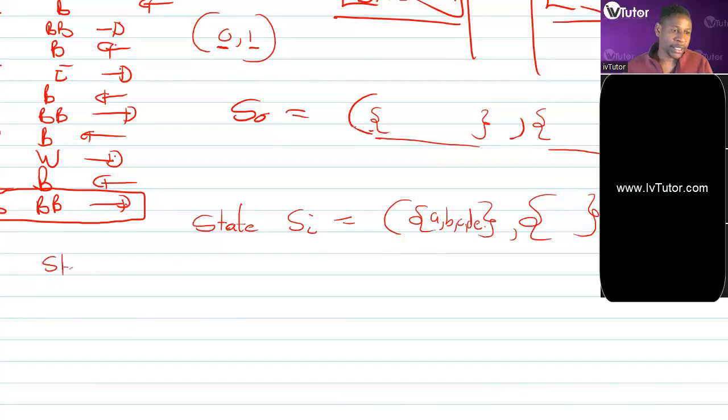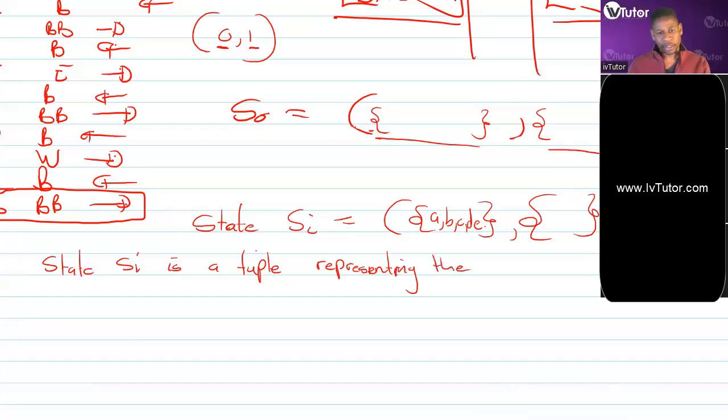So state Si, we're now describing the set and what it will contain. State Si is a tuple representing the two sides of the river.